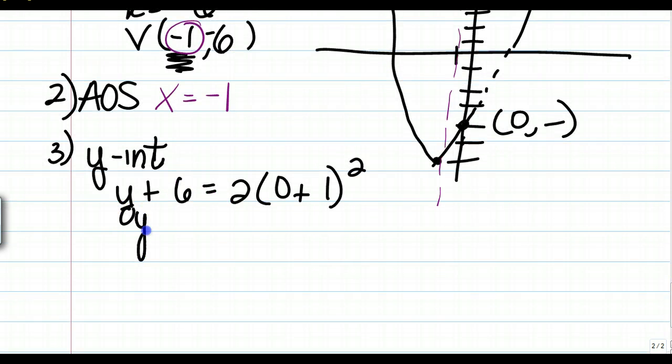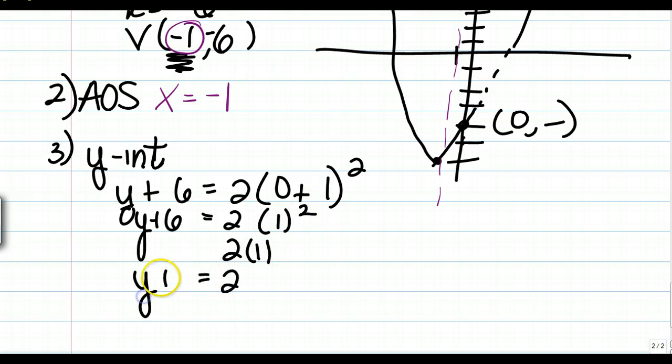So I'm going to have y plus 6 equals 2 times 1 squared. 1 squared is 1, and 2 times 1 is 2. And we'll subtract 6, and I'll get y equals negative 4. So this is negative 4. That would be my y-intercept.